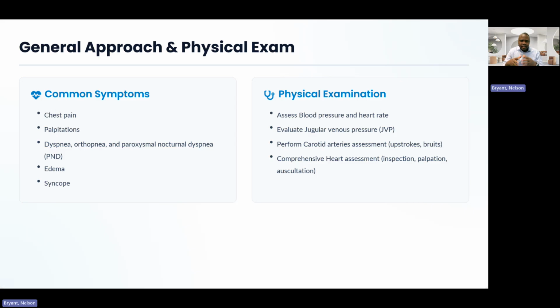So when taking a health history, pay close attention to concerning symptoms like chest pain and palpitations, which often point to cardiopulmonary compromise. And we'll talk about pulmonary conditions, but usually they tend to go hand in hand for patients with cardiac pathologies.